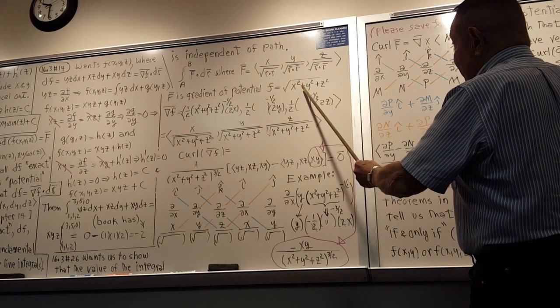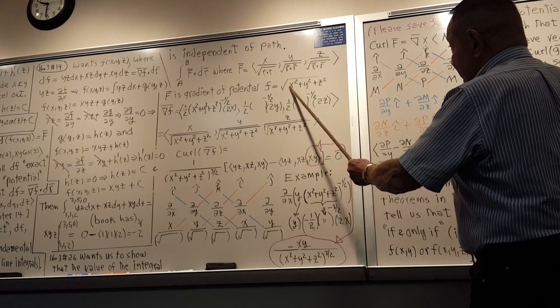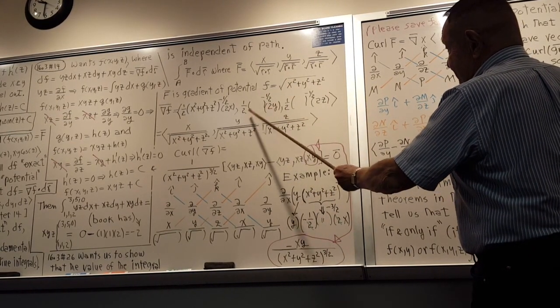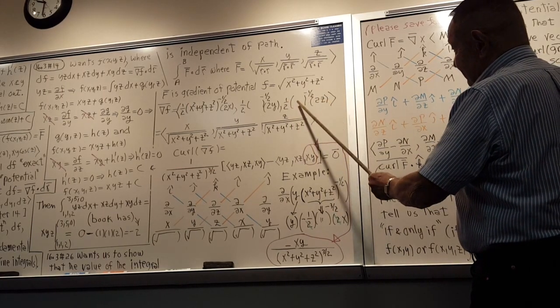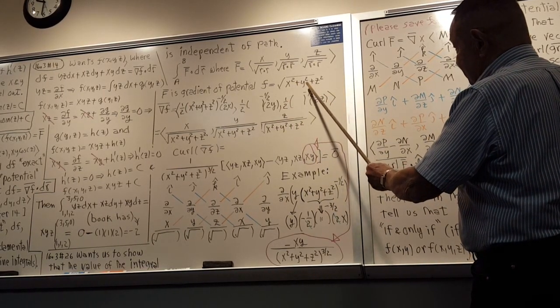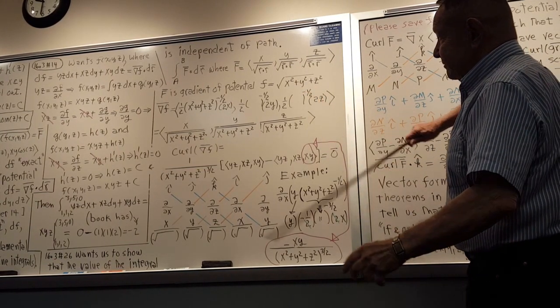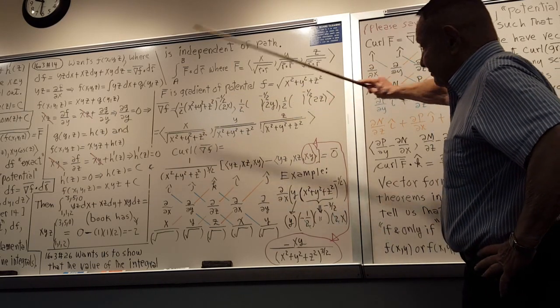In the same way, your partial with y would be 1/2, this to the minus half, 2y, and the 2's would cancel. And the third time out, you'd have this same expression minus half times z. So what this first one will give you is x over the square root.